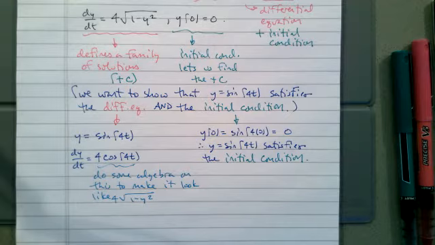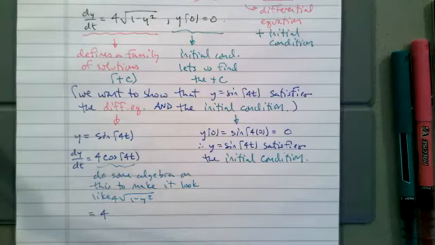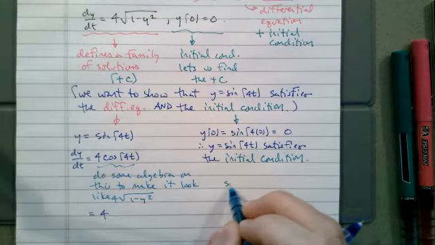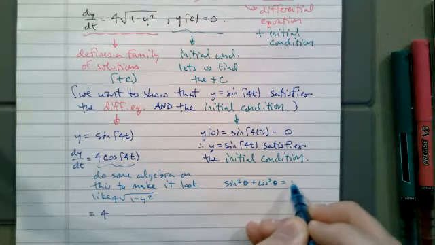For cosine of 4t, I'm going to use the identity where sine squared theta plus cosine squared theta is equal to 1.